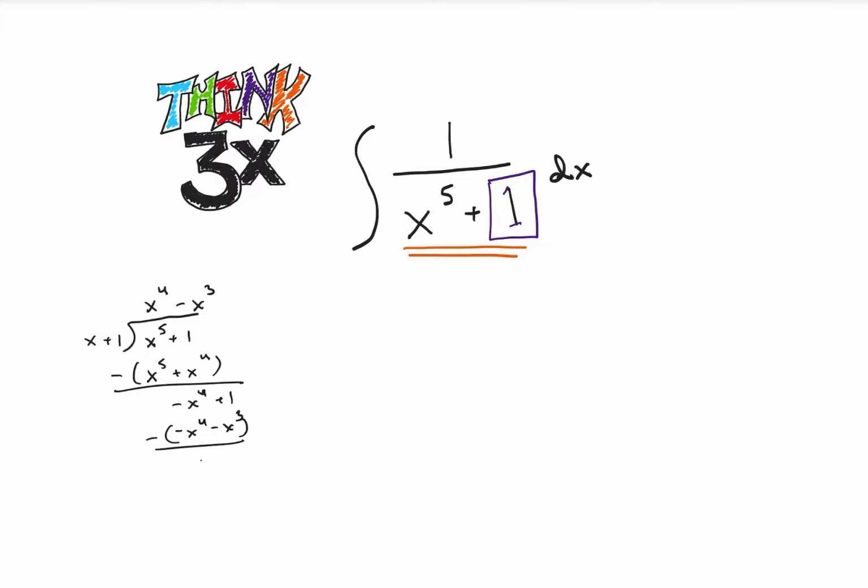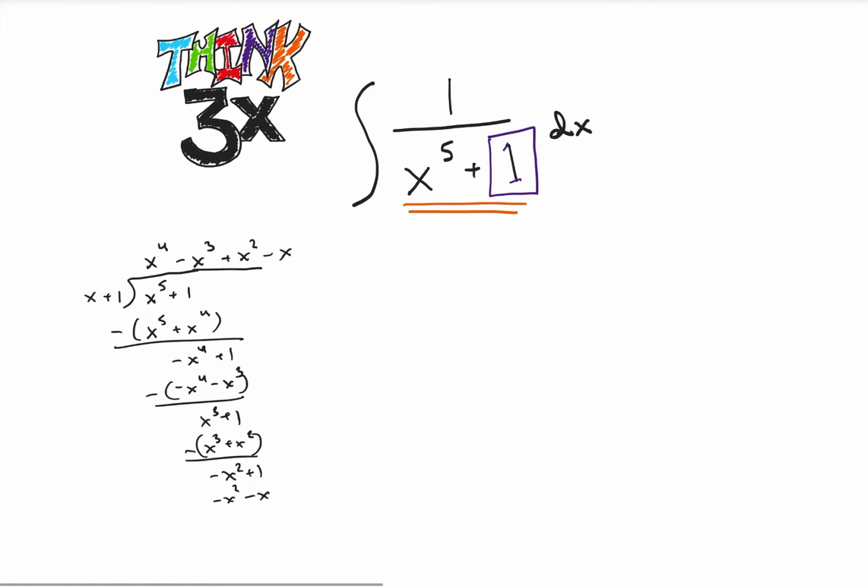We're subtracting that. We'll get x cubed plus 1. Take that to x squared. It gives us x cubed plus x squared, which we're subtracting. We get negative x squared plus 1. We're almost there. Negative x squared minus x. We're subtracting that. We're going to get x plus 1, which is what we started with.